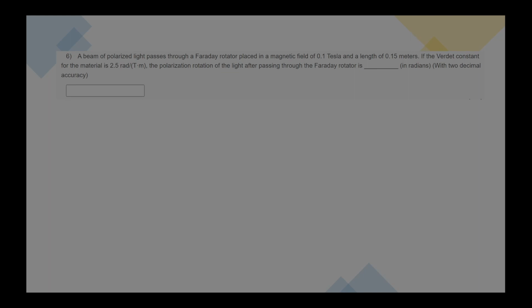If the Verdet constant for the material is 2.5 radian per Tesla meter, the polarization rotation of the light after passing through the Faraday rotator, in radian with 2 decimal accuracy, is?